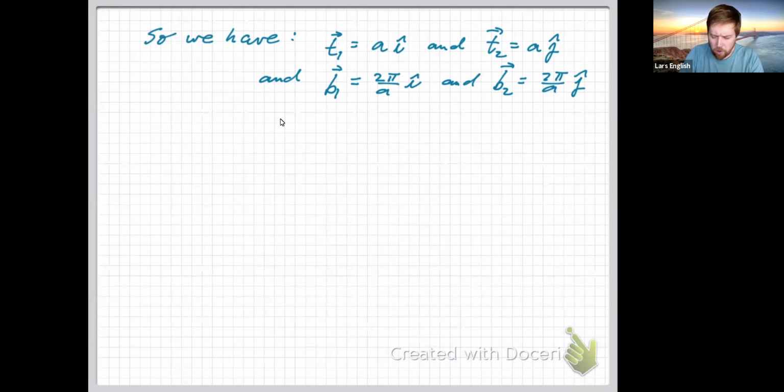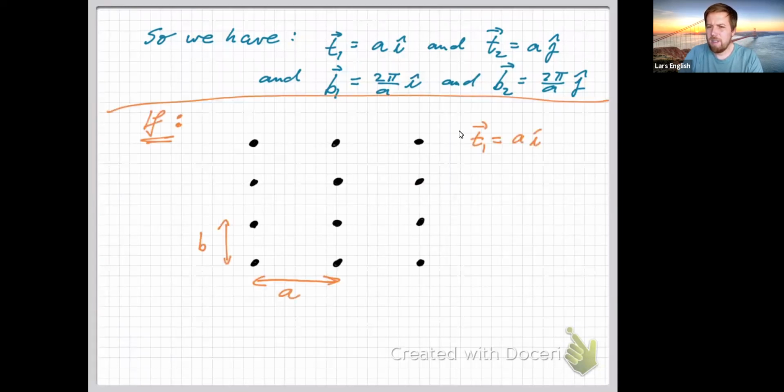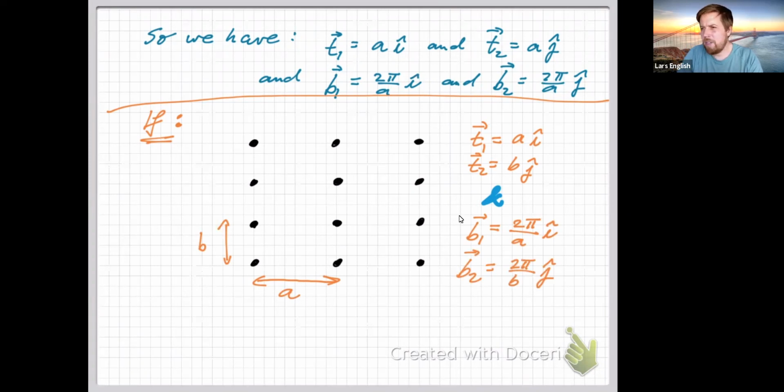So in general, we could also have a lattice that is not square, but maybe stretched out in one direction. So we have 2 different lattice constants: here's a B and here's an A. Well, this formalism can handle that situation very well.